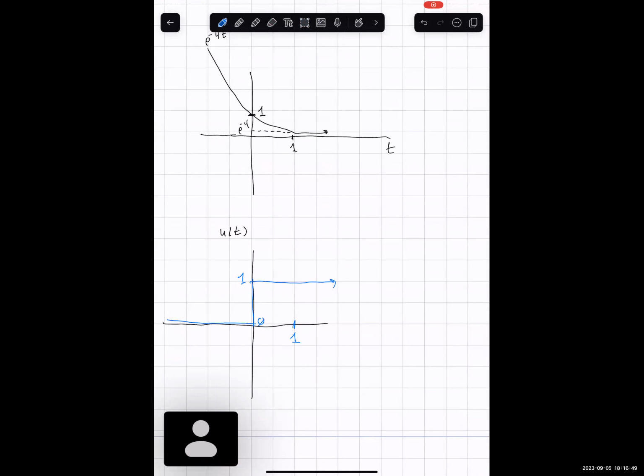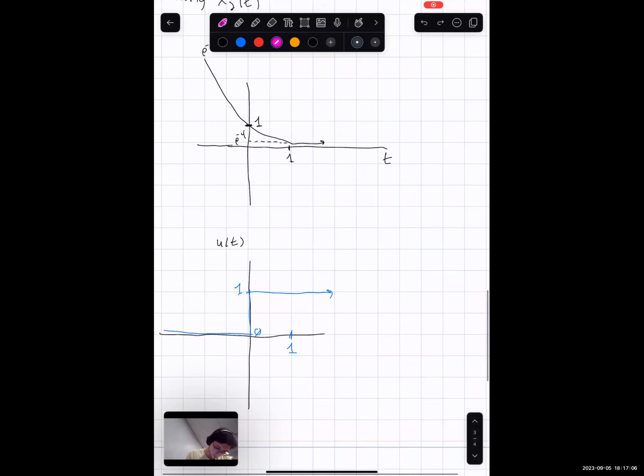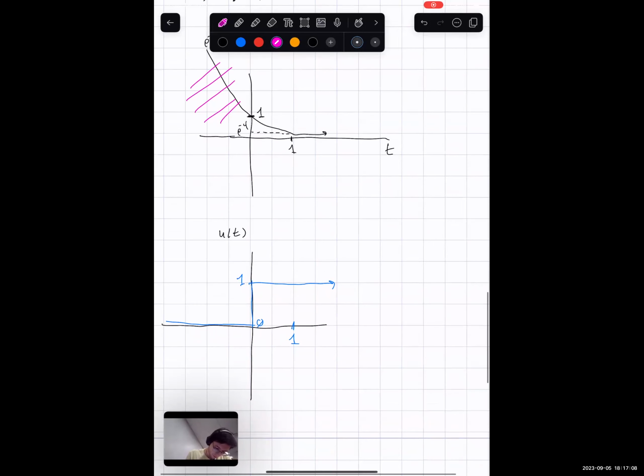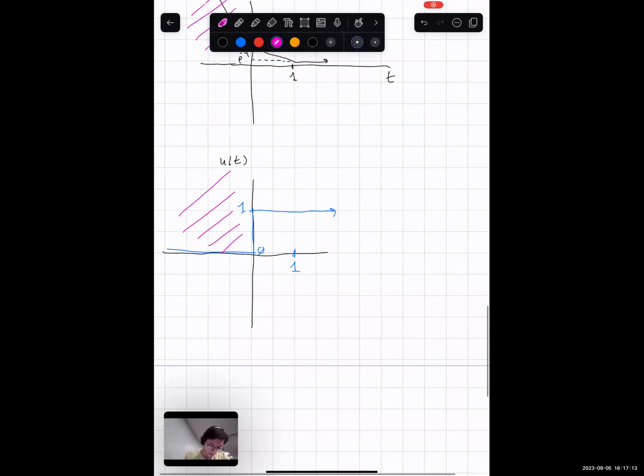Since u of t is 0 before t is equal to 0, you know that anything multiplied by 0 is 0. Perfect. So this whole region here is 0. So we're going to multiply this whole region by this whole region, because we're multiplying point by point, and it's all going to be 0. So we can kind of disregard that.